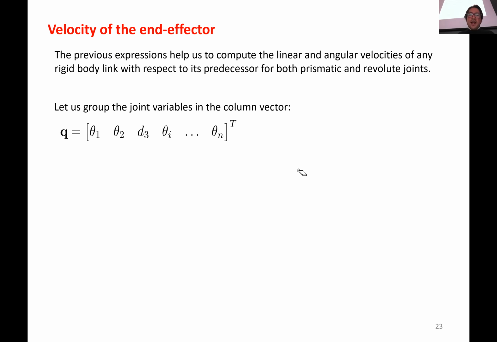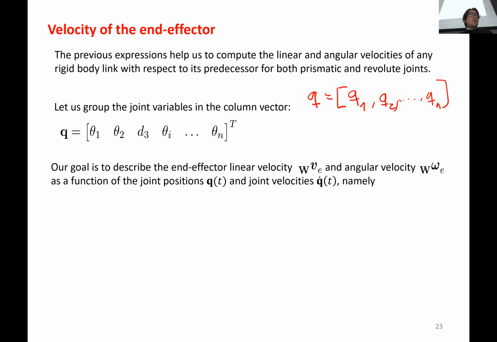In general, we have q equal to q1, q2, up to qn. But here I'm putting thetas and d's, because this means that in this vector we're going to put both revolute and prismatic joint variables.